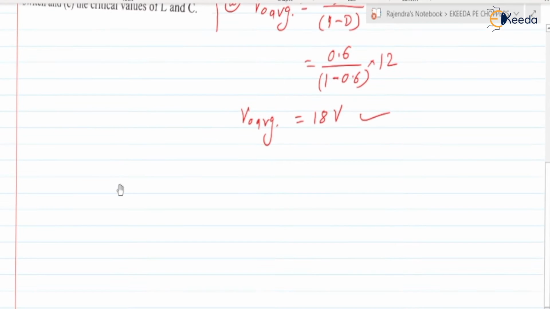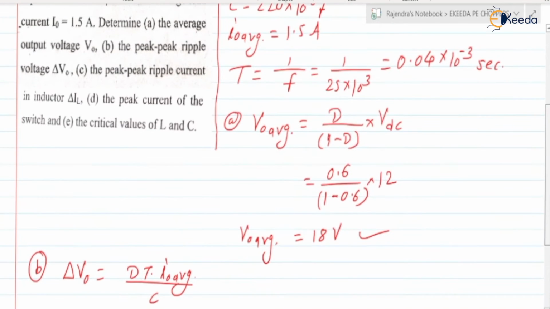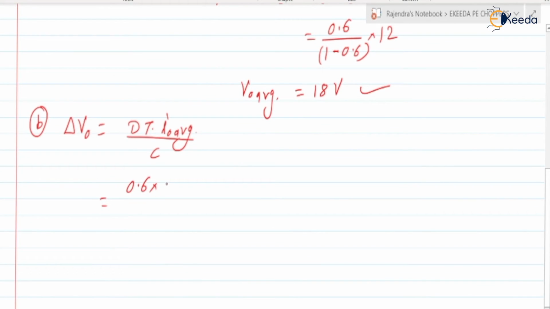We already derived the expression for delta V0: delta V0 is equal to D into T into I0 average divided by C. D is 0.6 into T, the total time, 0.04 into 10 to the power minus 3, into I0 average, which is given as 1.5, divided by C. The value of the capacitor is also given, 220 microfarad, so 220 into 10 to the power minus 6. From this we can find delta V0.